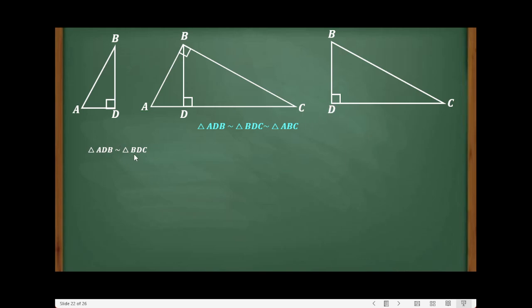And B, which is the vertex of the smaller acute angle, corresponds to point C, which is the vertex of the smaller acute angle. Okay?